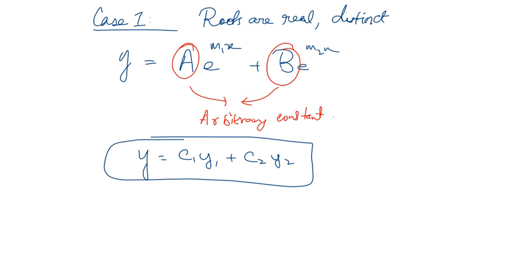This is your general solution of any second order differential equation. But for this particular time, we'll learn the three cases first. So case 1 we have already studied. Case 1 we have studied: roots are real and distinct.